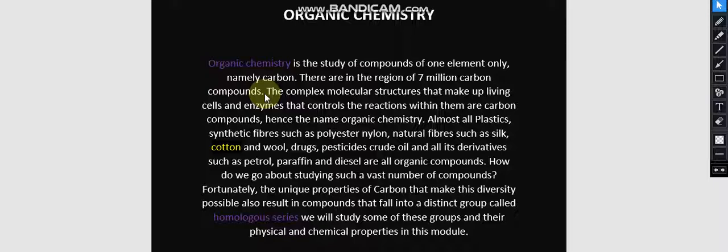We are all made of this compound, the carbon compounds, right? So that's why we have so many carbon compounds.